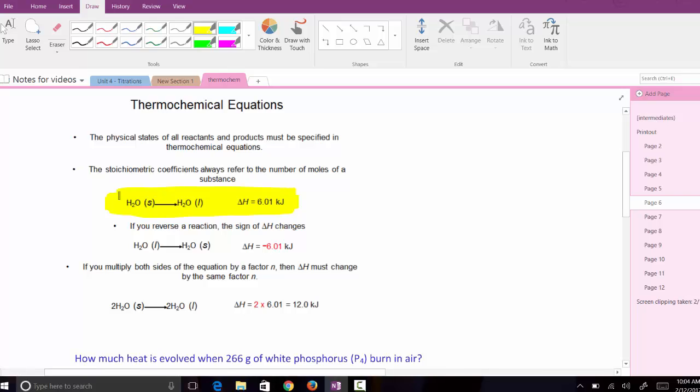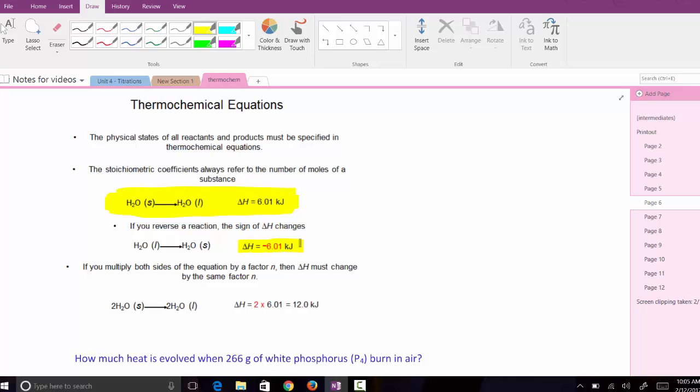So if melting is endothermic, to freeze it, I'm removing that same amount of energy. So it's exothermic. So if I flip a reaction, I'm going to change the sign. Keep the value the same, but the sign changes. And also, the delta H value goes with that balanced equation, the way that it is balanced.